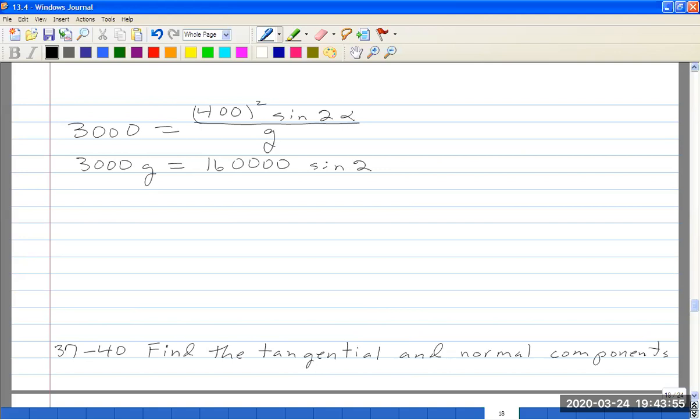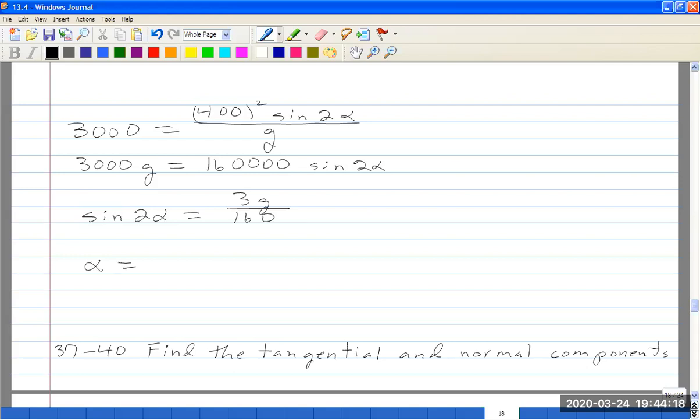Sine 2 alpha. So sine 2 alpha is, get rid of 3 of the zeros, 3g over 160.